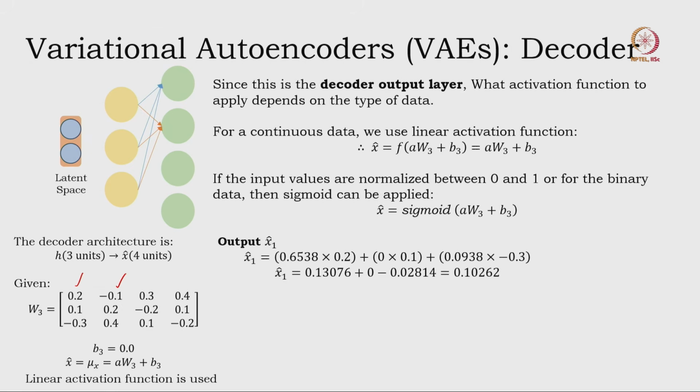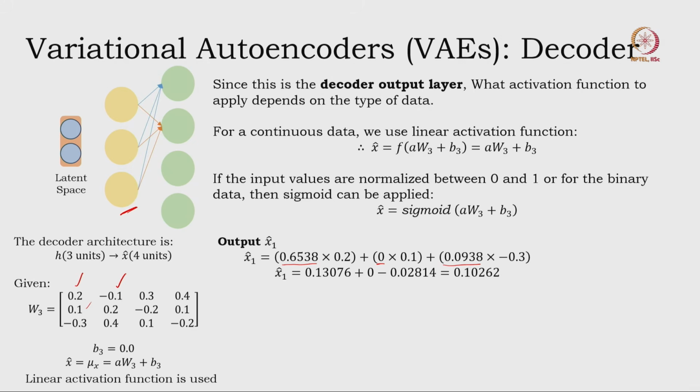The input we have considered is the output of our previous layer, which is 0.6538, getting multiplied with its weight 0.2, and for the second neuron the output was 0 getting multiplied with 0.1, and 0.0938 getting multiplied with this. These values are the output of this hidden layer.